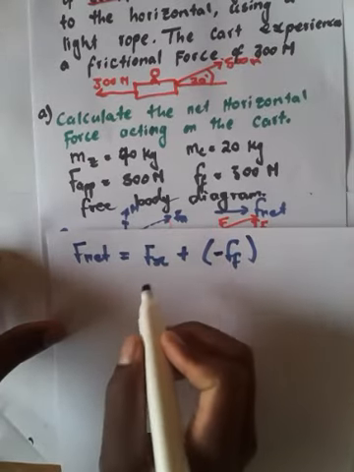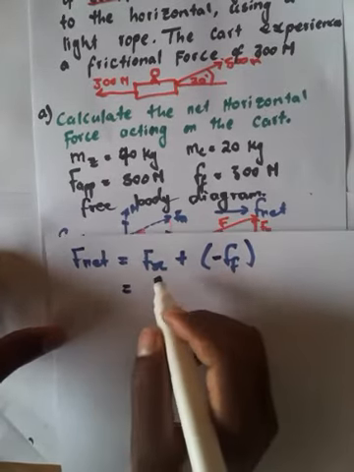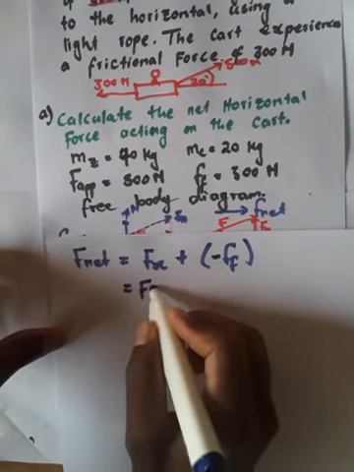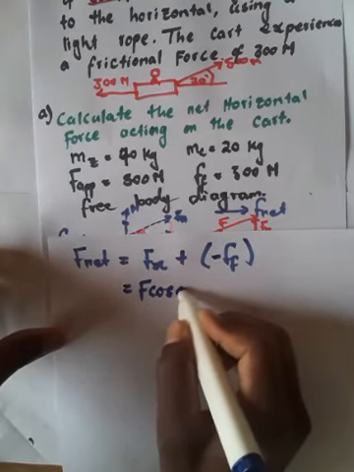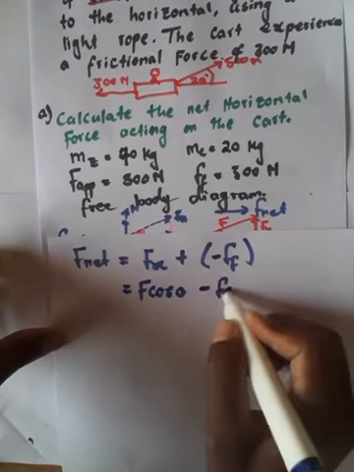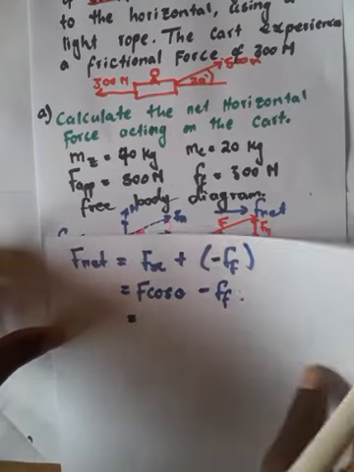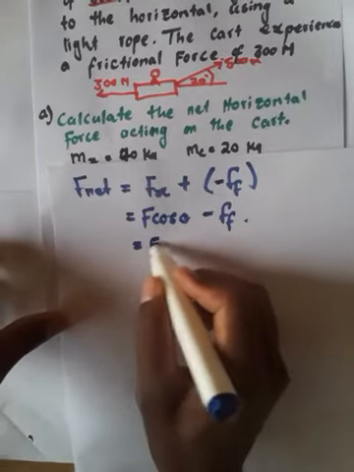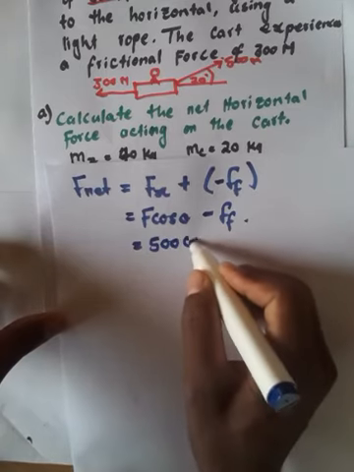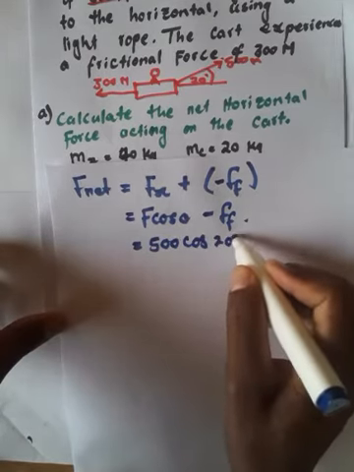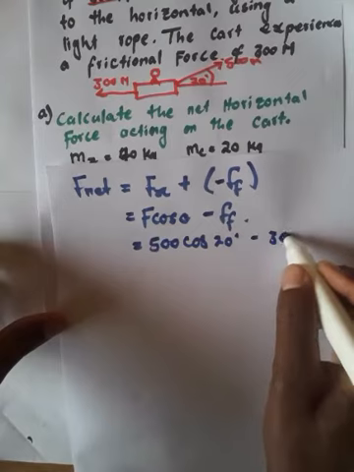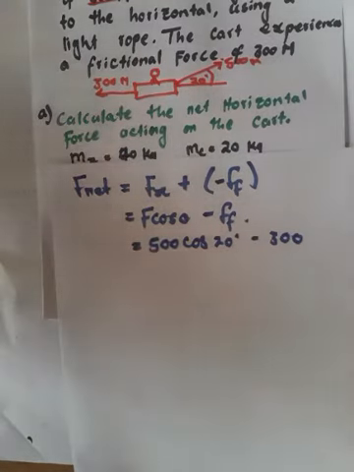After this, we substitute Fx, which we know is F cos of theta, minus the frictional force. F we're given, which is 500, so 500 cos of 20 minus 300. That's what we are given.